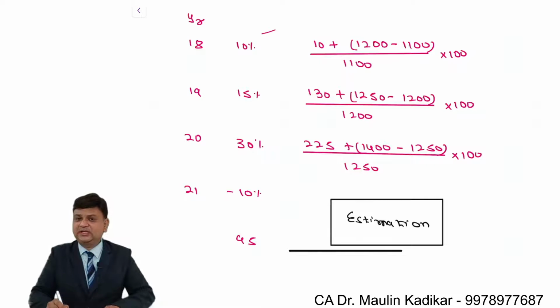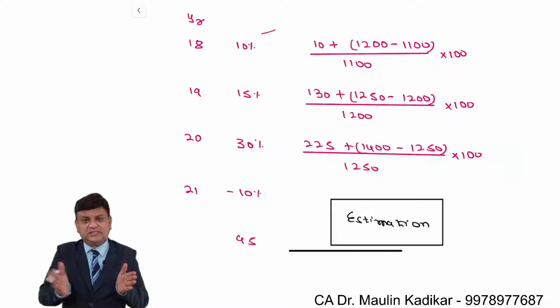Now dear students, there is an element of subjectivity when we are taking the past returns into account, that whether to take returns of the last 4 years, the last 5 years, or 10 years. Like if you see a company like Infosys, it has been in operation for the last 30 years.